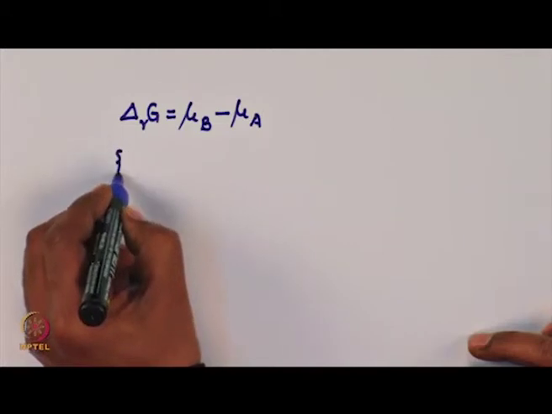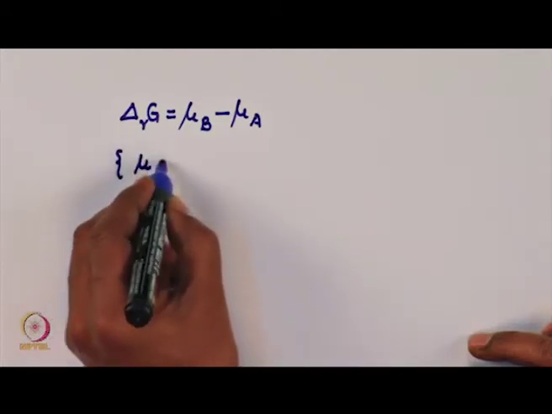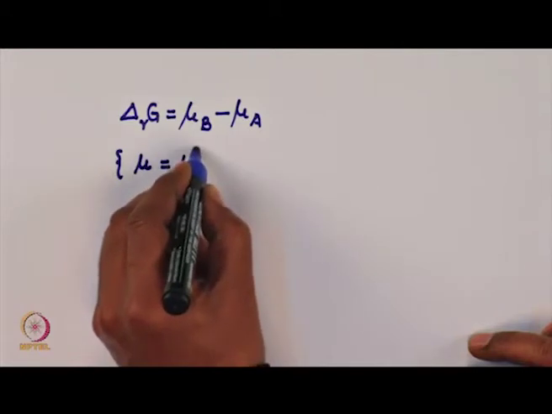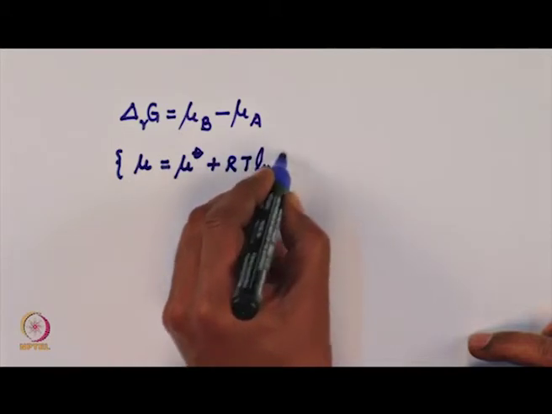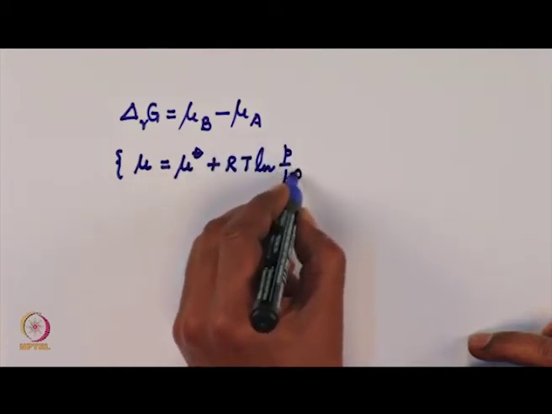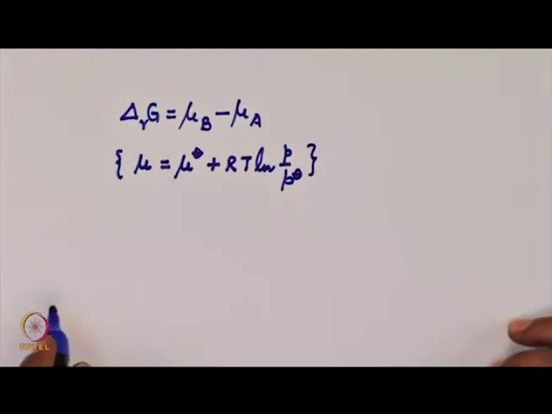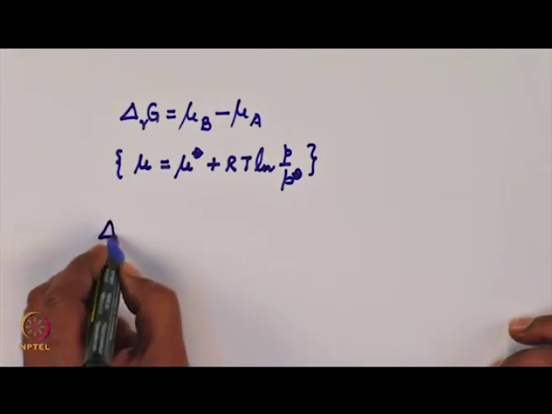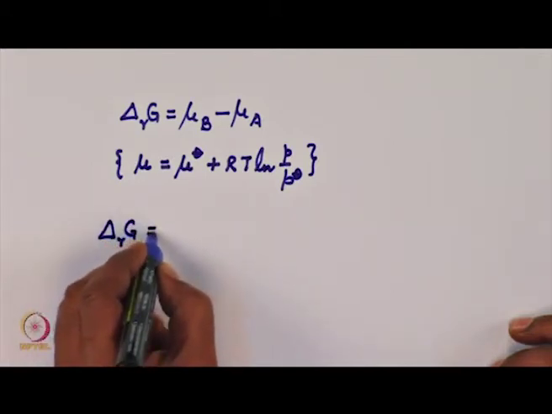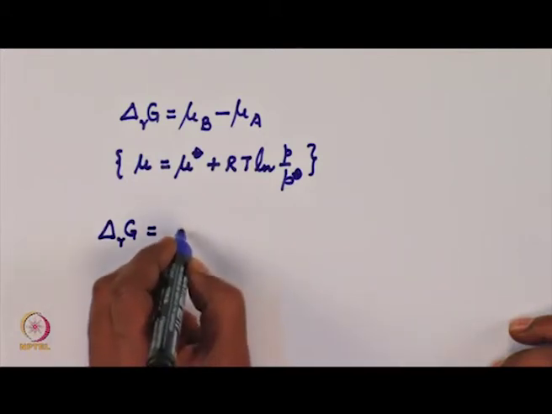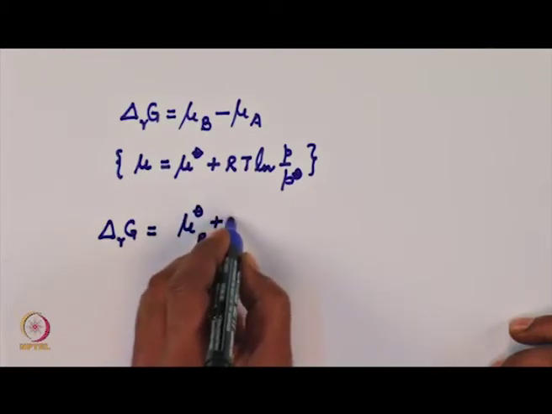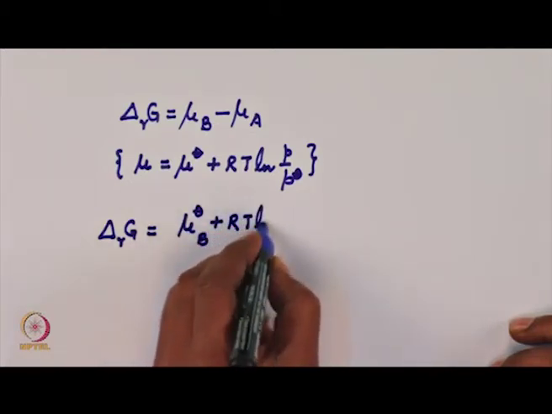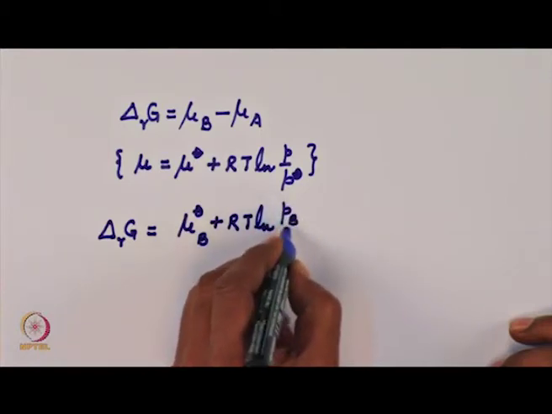And we know that for a perfect gas, mu is equal to mu naught plus RT log P by P naught. This is the definition of chemical potential for a perfect gas. So therefore, delta Rg will be equal to, let us write for mu B, it will be mu B naught plus RT log PB by P naught.